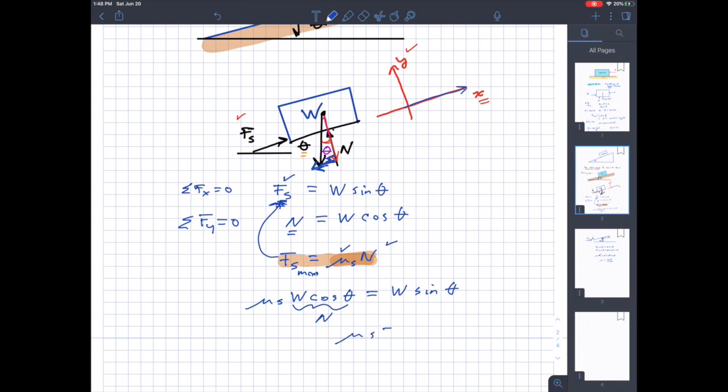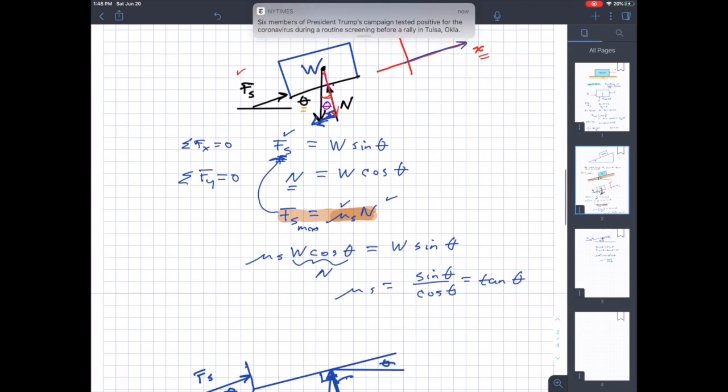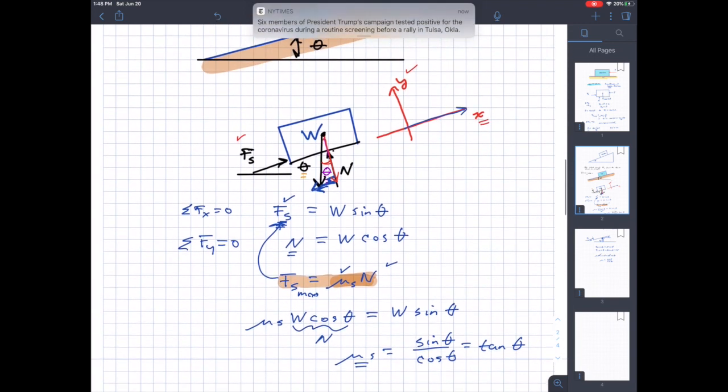Mu s is sine theta over cosine theta, which is tangent theta. If I wanted to solve for theta, I would do the arctangent, and that would give me the maximum theta I could have before the block starts to move.